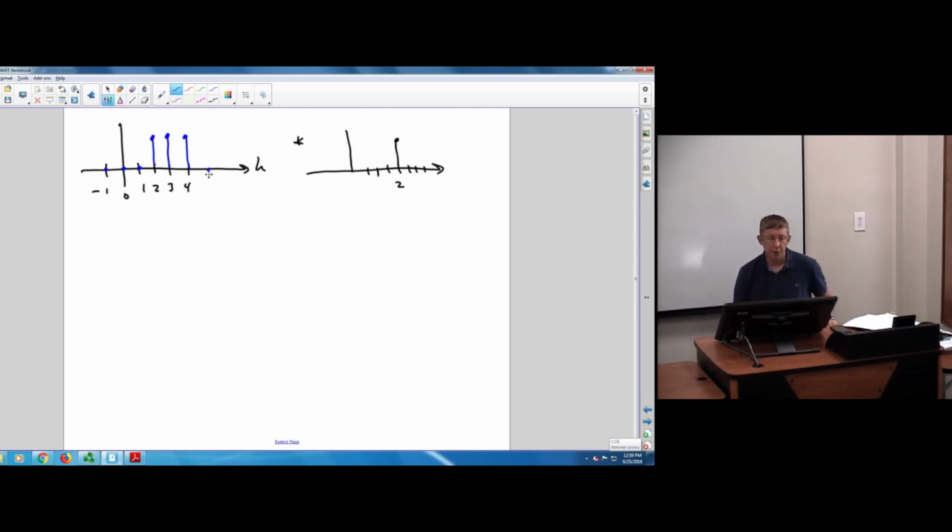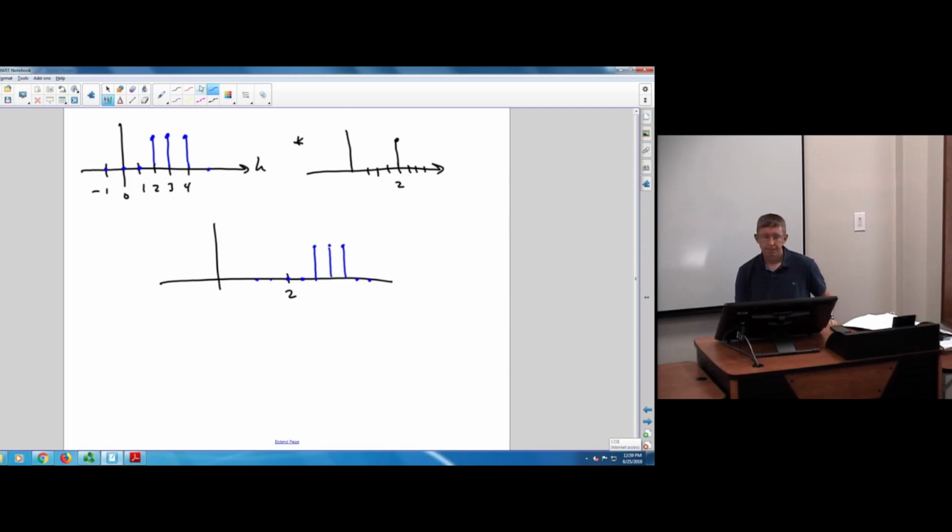The result of this convolution means take this and place this 0 right there. I take the time origin here and place it at the location of that impulse. So after I do that, what am I going to have? Here at time 2, that's where this 0 was initially. I'm going to have 0, 0, 1, 1, 1, and then zeros for the rest of time, right?